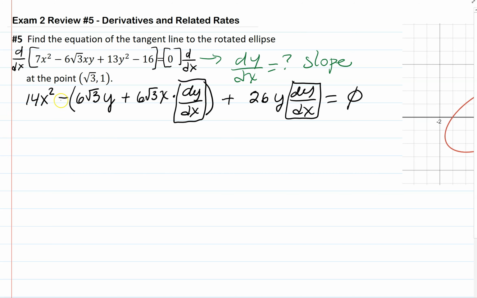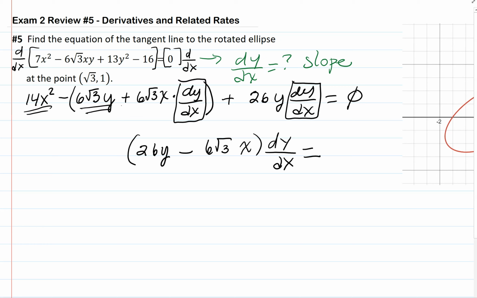So I will have 26y minus 6 square root of 3 multiplied by x, and then dy/dx is equal to, and we will go ahead and move these terms without dy/dx to the other side.